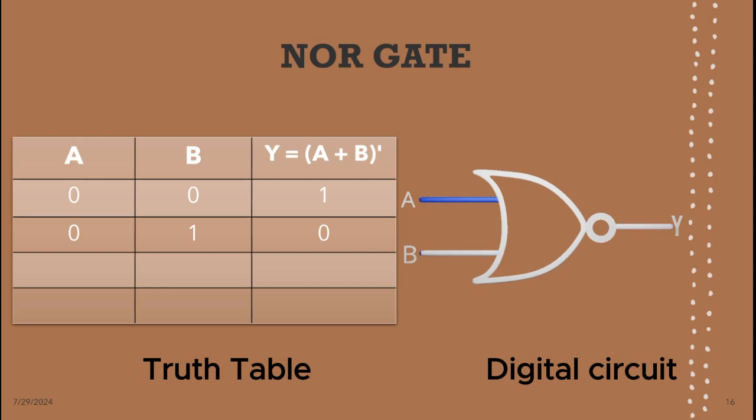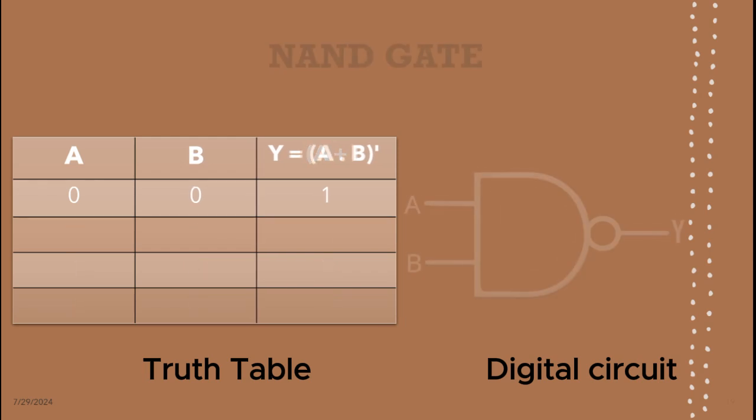But here, the output would be 0 or false. In the other combination, again, the variable A value is 1 and B is 0, the output would be 0. In the same way, if both values are 1, the result would be 0 because it's the inverse of OR gate. So let's explore the next one.